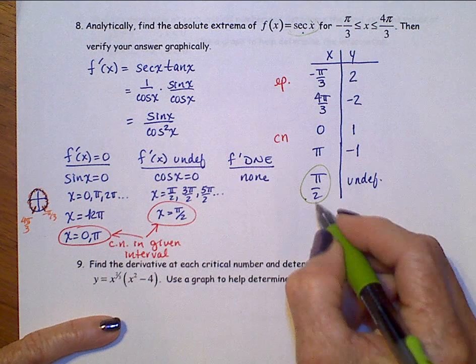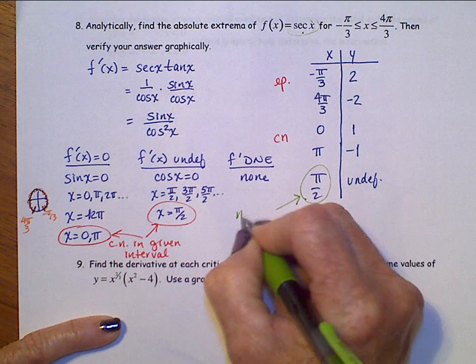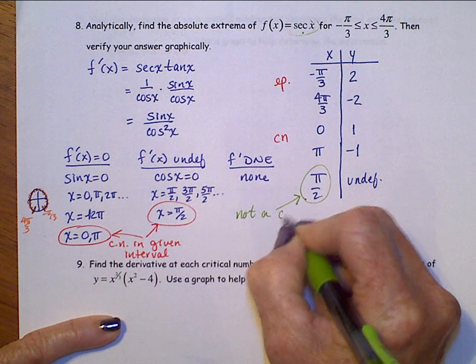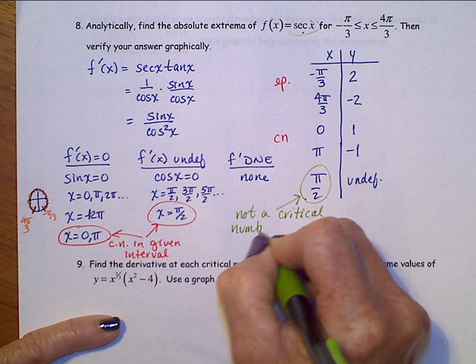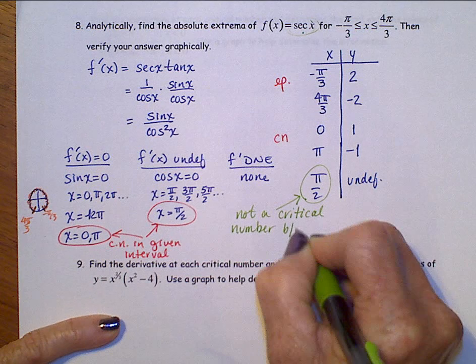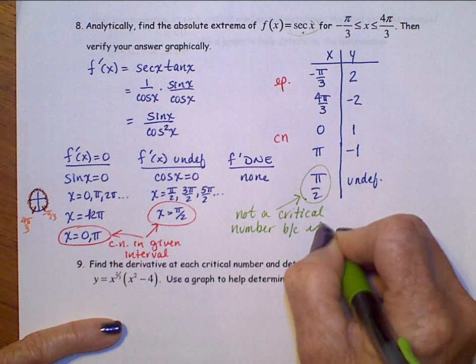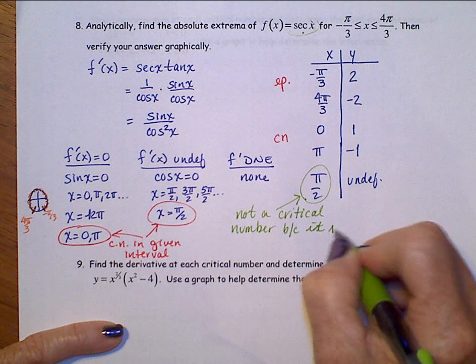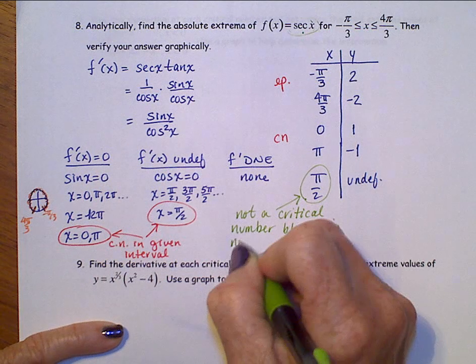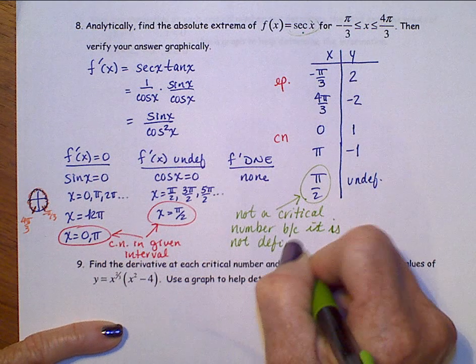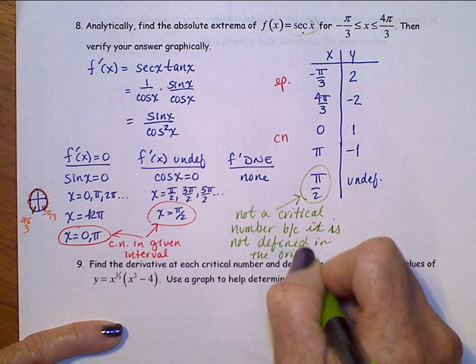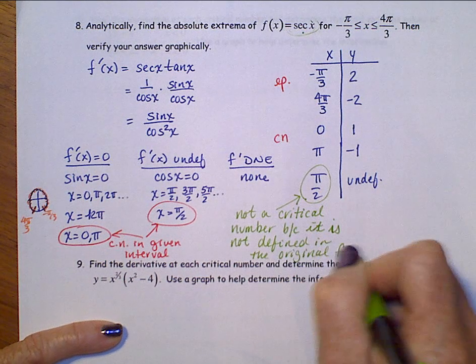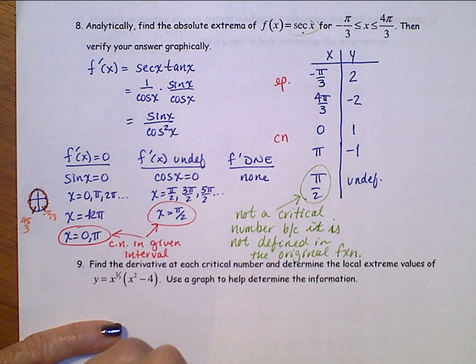So that's not really a critical number, because that number is not defined in the original function.